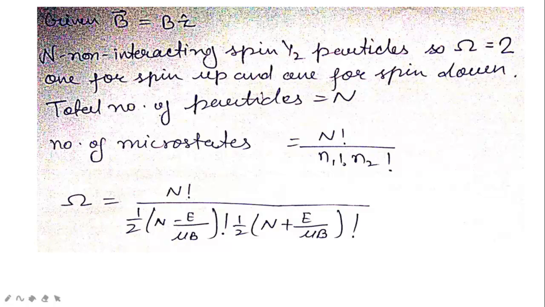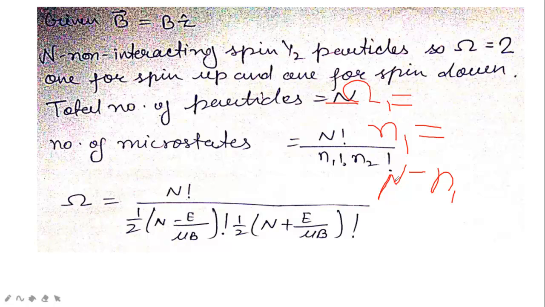So for the 2 number of ways, let us assume n1 is for the minus half particles. Okay, and if the total particles are capital N, so N minus n1 are the plus half particles. Okay, so we can write it as N factorial over n1 factorial and (N minus n1) factorial.